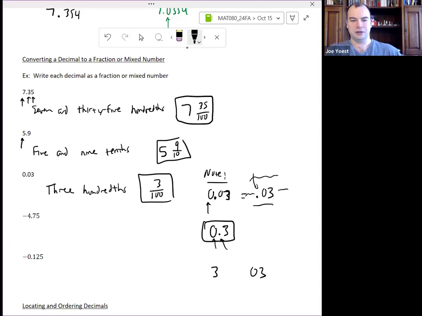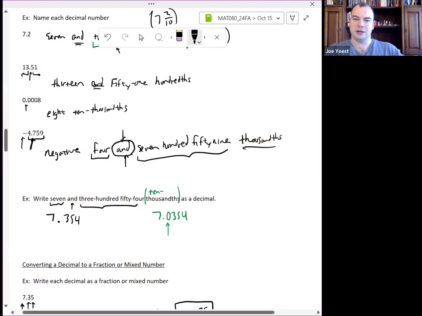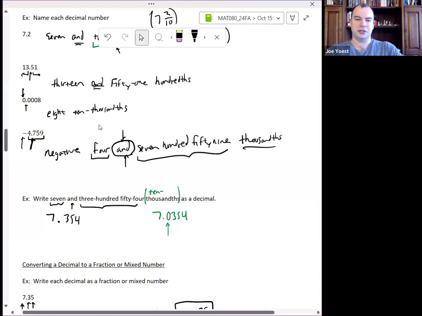So just to make it a little easier to read, if we have a number like 0.03 or like this one up here, 0.0008, we usually put a leading zero in front of the decimal point to make it a little less likely that we miss that decimal point.